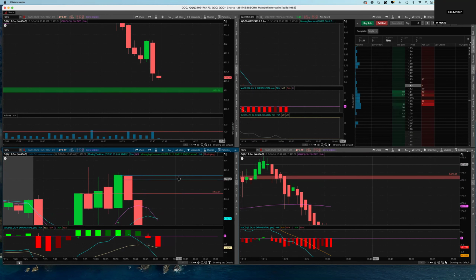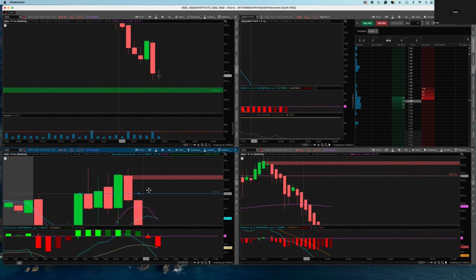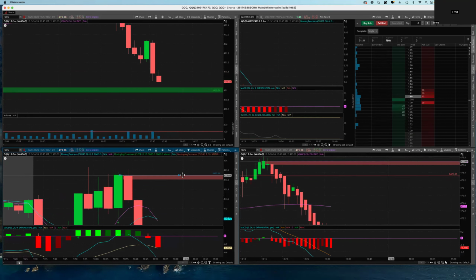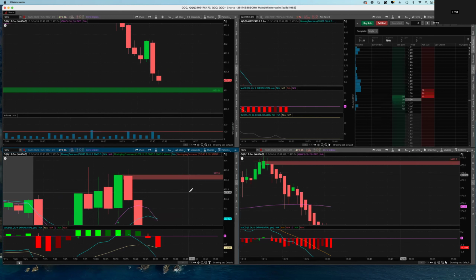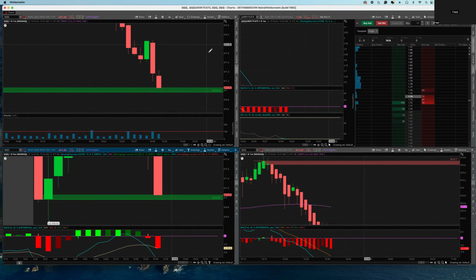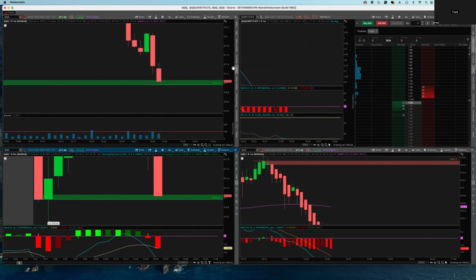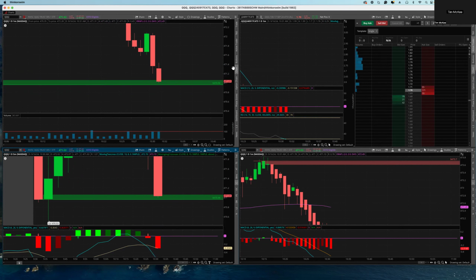In the meantime, I'm going to move up the supply zone up to this next agreement point. This is the first time that we're encountering this zone.